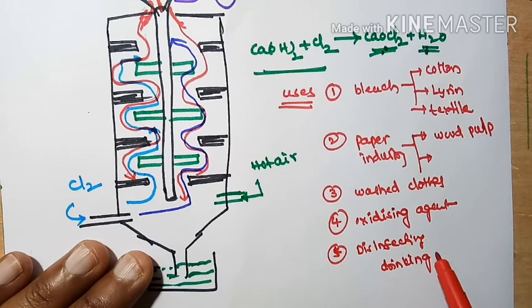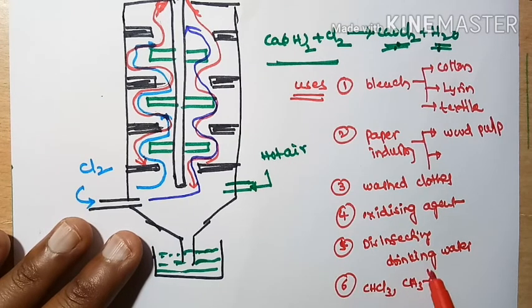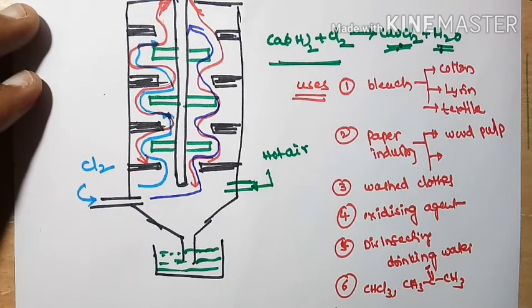It is also used to prepare valuable chemicals like chloroform and acetone. These are the uses of bleaching powder.